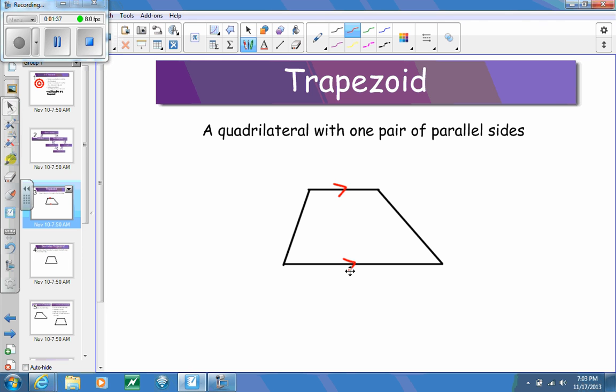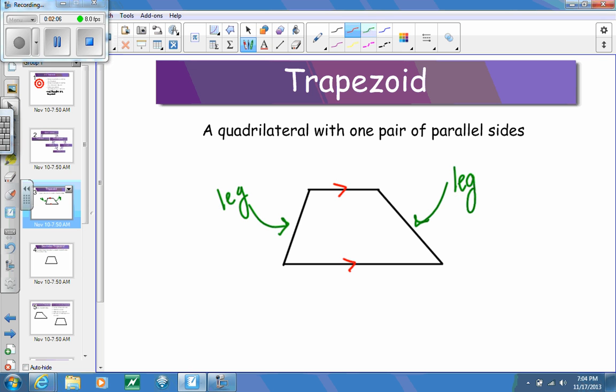So we have to be very careful about that. It does not fit all of those properties, opposite sides being congruent, opposite angles being congruent. None of those properties are going to work for a trapezoid. What we can work with is knowing that one pair of sides are going to be parallel to each other. And just to give you a little more information, when we're working with a trapezoid, the two sides that are not parallel to each other are called the legs.